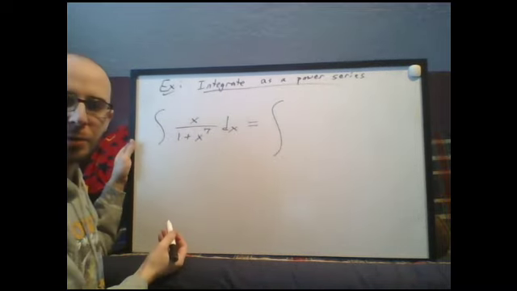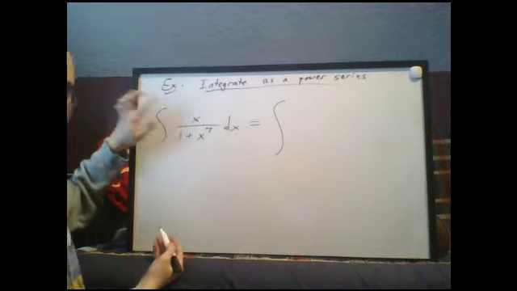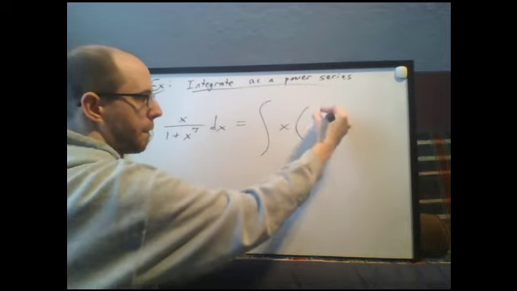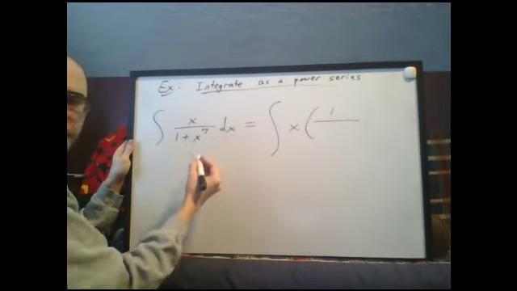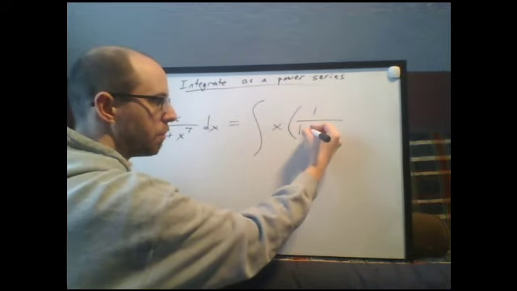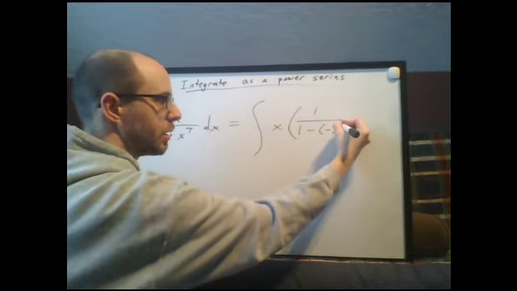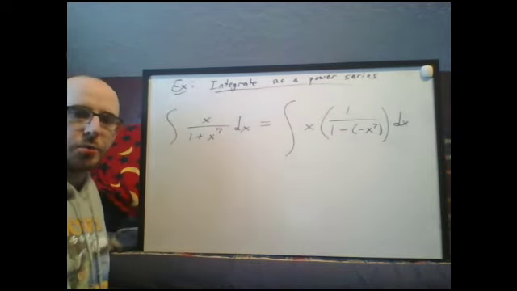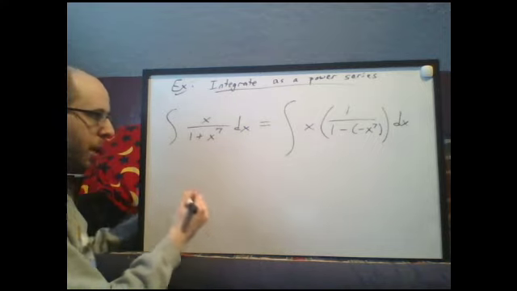This is similar to our first couple examples. We have an x on the top, so let's pull that out. 1 plus x to the 7th is the same thing as 1 minus negative x to the 7th. So I write my function as something that I can turn into a power series.